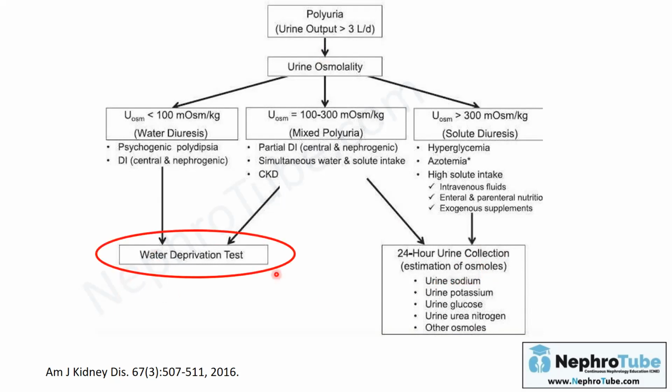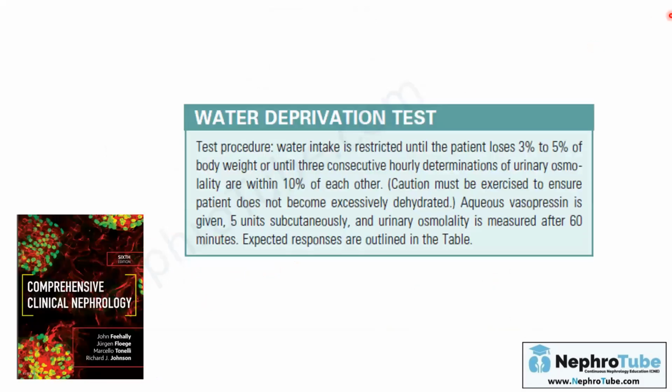In this case of water deprivation test, how do we make it? This is a critical test. The patient must be admitted. There must be at least an hourly examination of the vital signs of the patient, because the patient may become severely dehydrated, which may be dangerous and may be fatal in some cases, especially in old age.